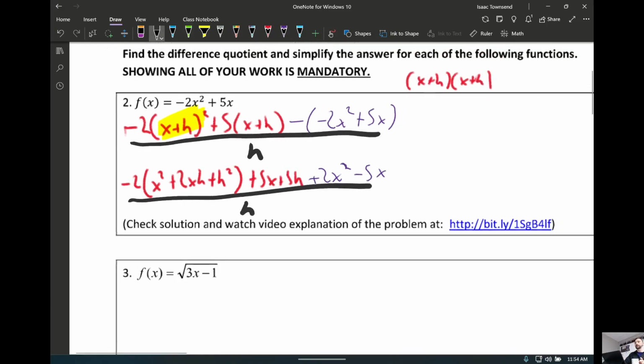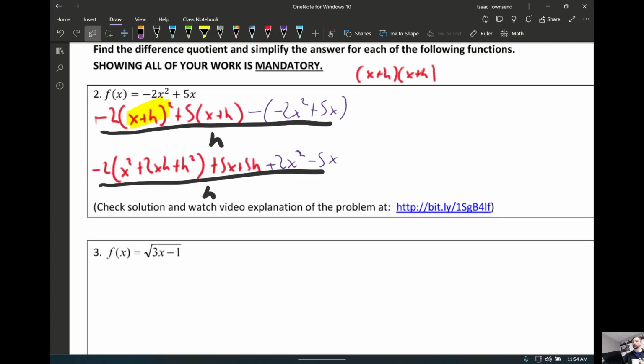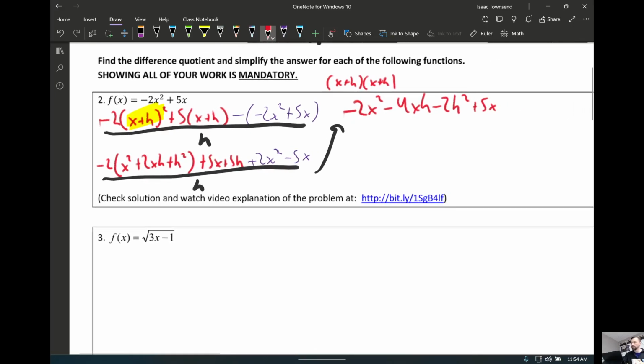One other thing I think I could do reasonably is distribute this -2. Try to leave everything else alone.